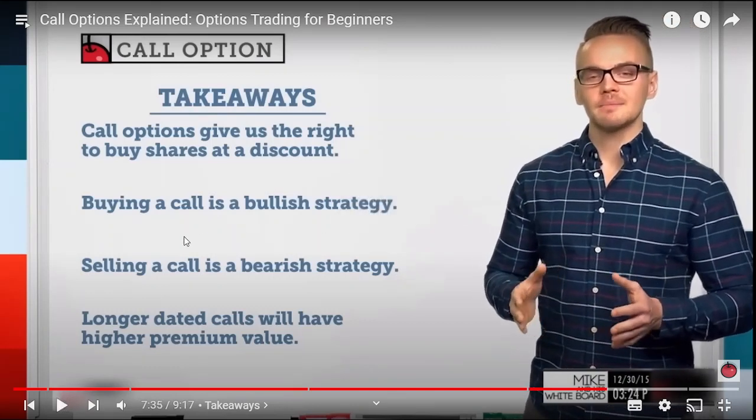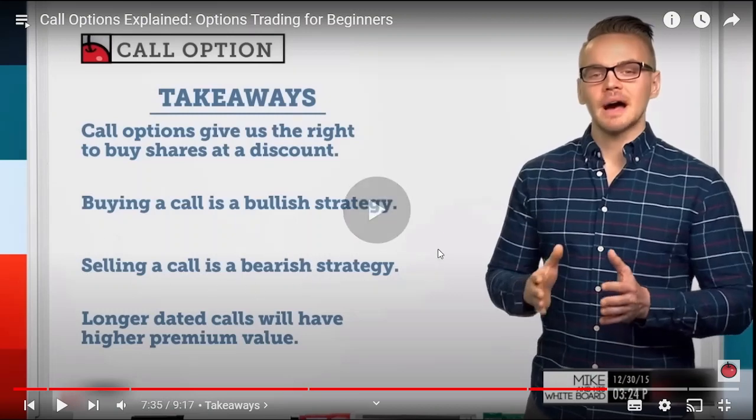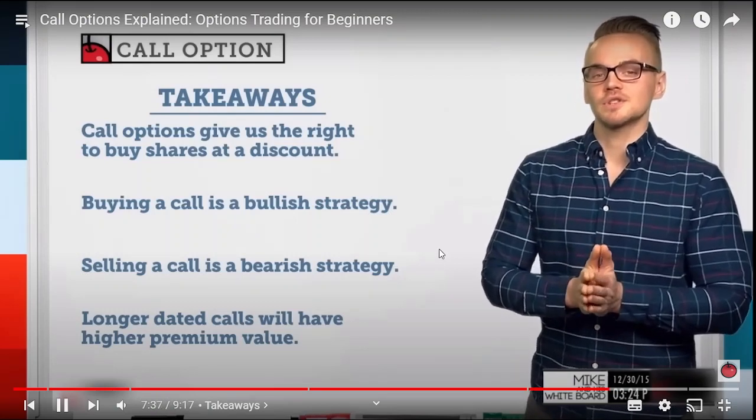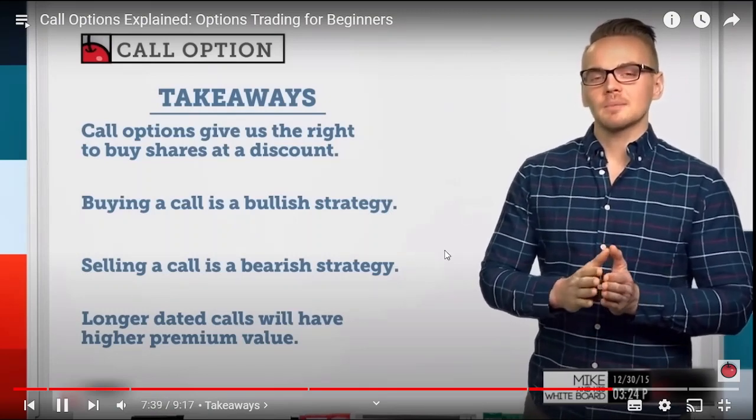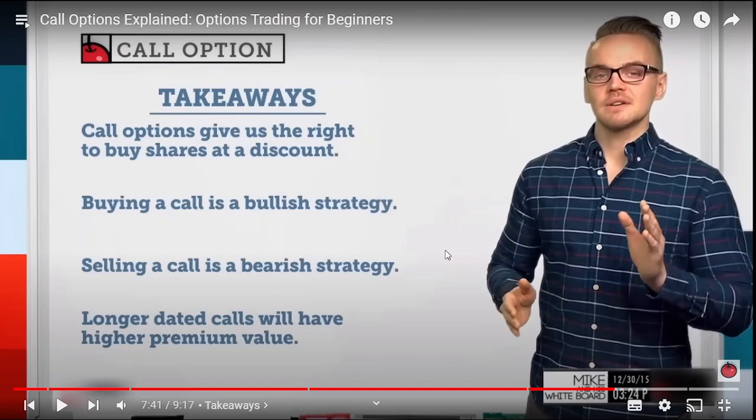Aqui ele foca em vender uma call, que é uma estratégia bearish. Você está apostando na queda. If I buy a right to purchase 100 shares of stock, I want that stock price to go up, because I've locked in my strike price, the price that I am purchasing that call at, and that call option will be more and more valuable the higher the stock price goes. Lembrando que na venda da call, você está se comprometendo a vender a ação na expiração do contrato, caso ela ultrapasse seu break-even.